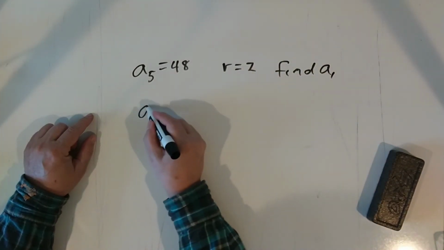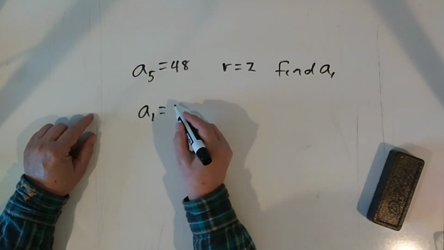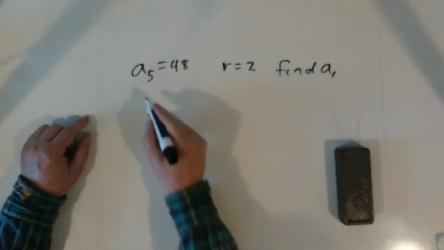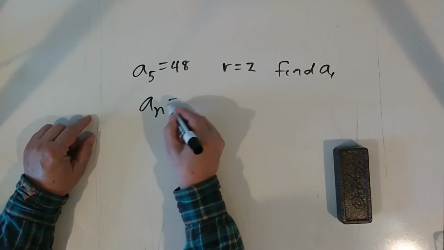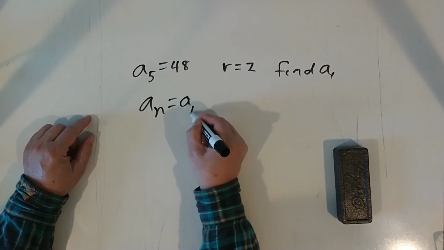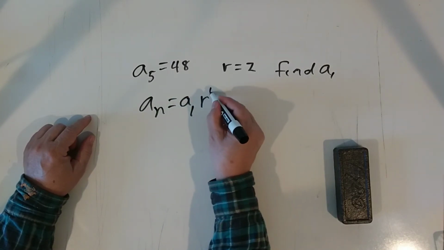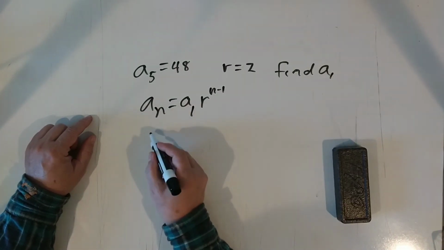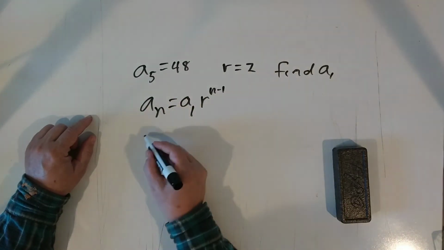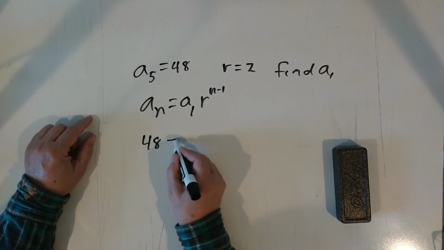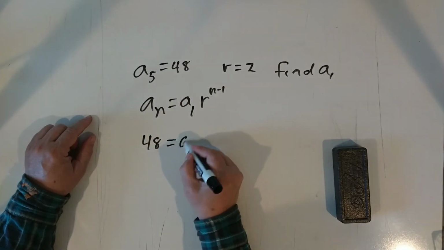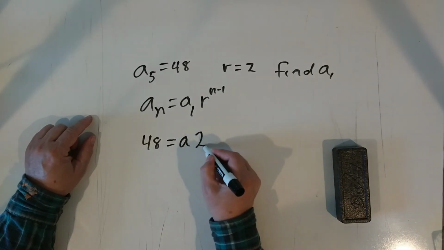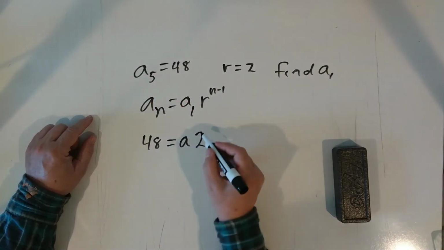Well, a sub n is equal to a sub 1 times r to the n minus 1 power. Okay, in this case we have a sub 5, which is 48. The first term we're trying to find, we'll just call it a. The common ratio is 2, and we see that n is 5.